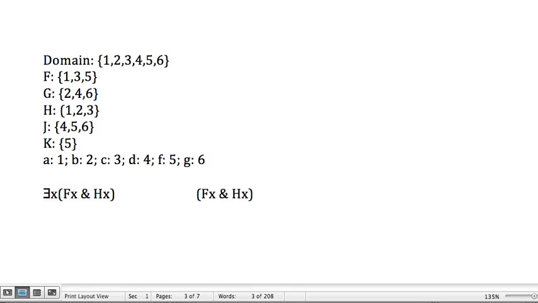We're asking, is there at least one thing in the domain that fits the description following the quantifier? In other words, that fits this description in this case. So pause the lecture, take a look, and decide, is there anything in the domain that fits this description? If there is, the sentence is true. If there isn't, it's false.